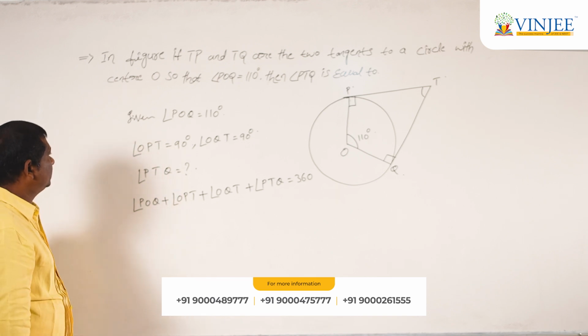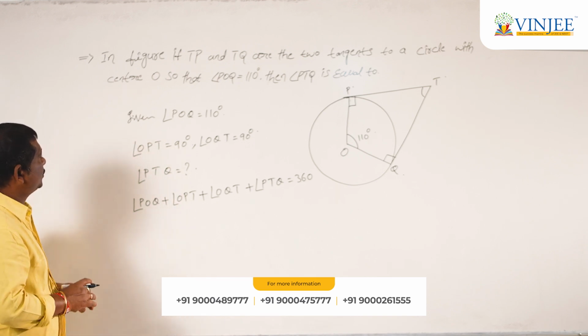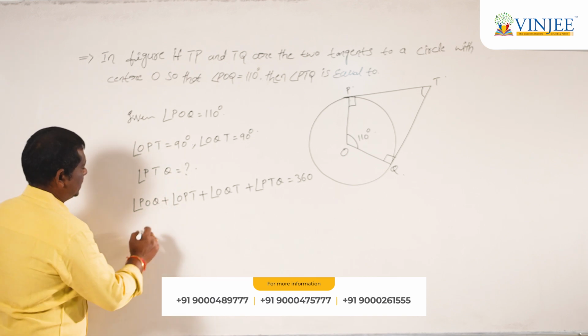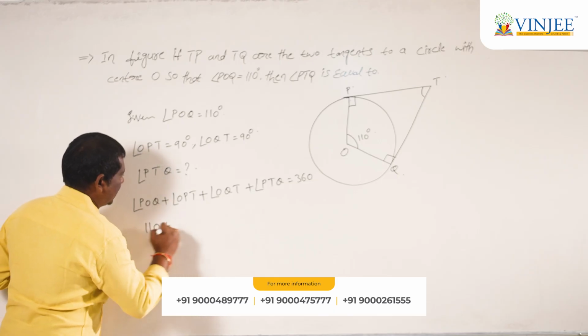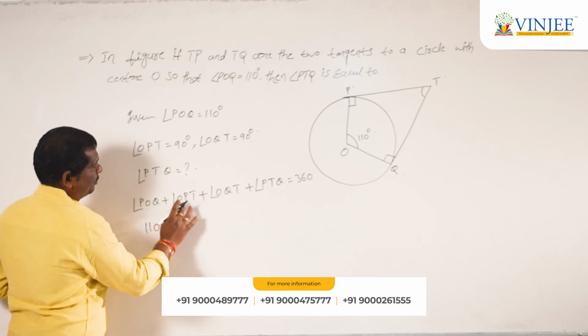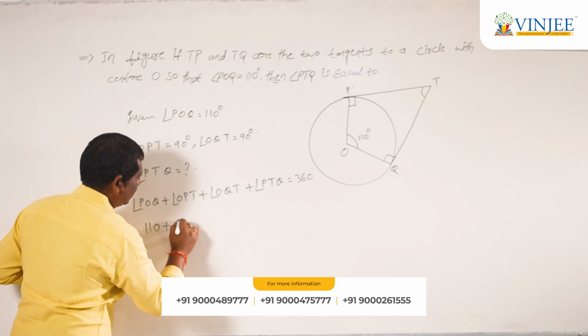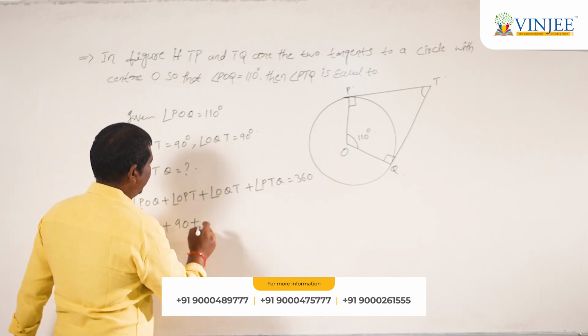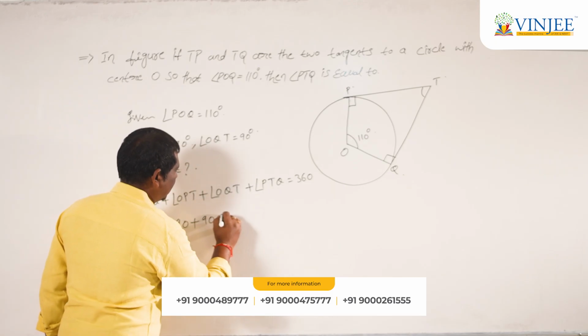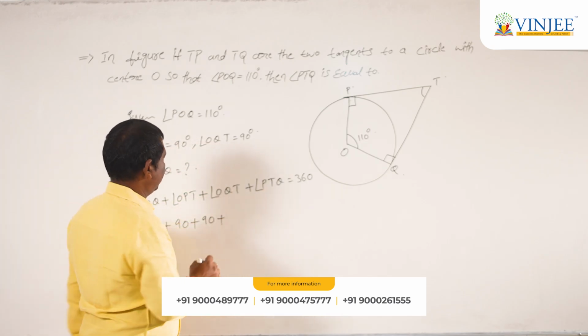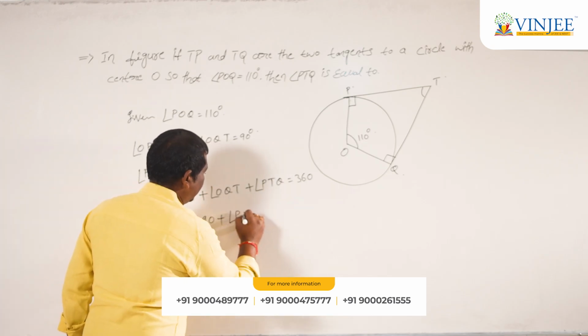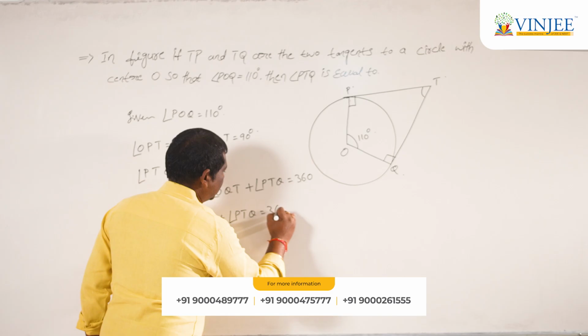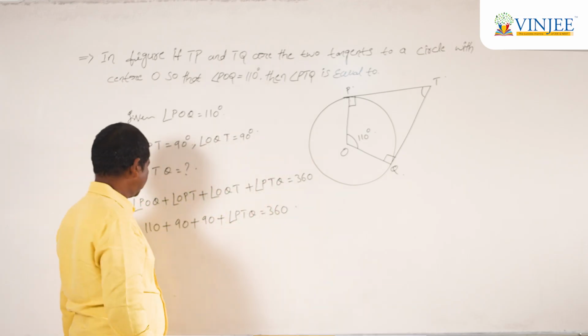Now if I substitute those angles, this will be 110 plus angle OPT, it should be 90, plus angle OQT, it should be 90, plus we have to find out this angle, angle PTQ, equal to 360 degrees.